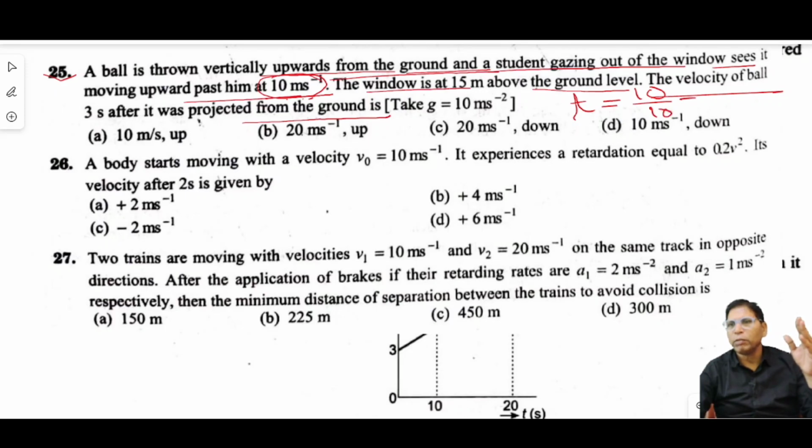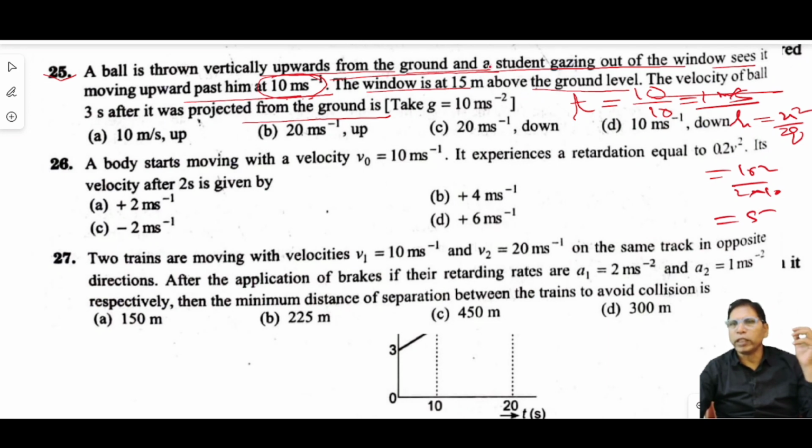Acceleration is 10 meter per second square, so this is 1 second. And height of ascent is u square by 2g, so this is 10 square by 2 into 10. So this is 5 meter.